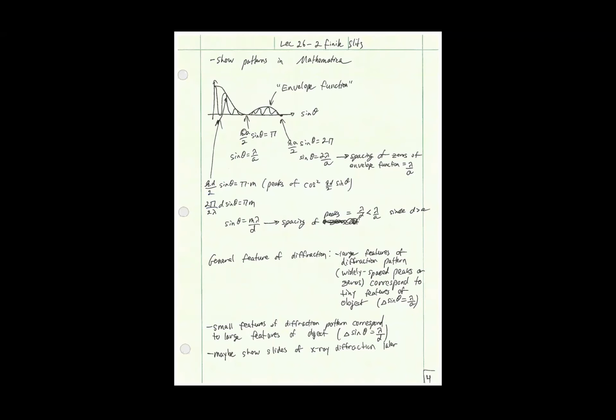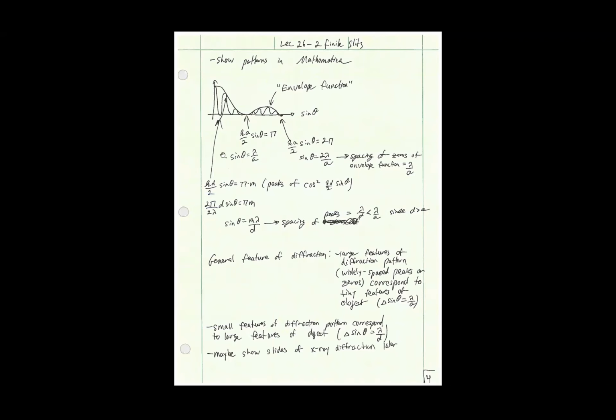And the envelope function has zeros whenever (k/2) sin θ equals π. So it has zeros when sin θ is λ/a, or 2λ/a, or 3λ/a, and that just comes from remembering that k is 2π/λ. And then we've got these smaller features.